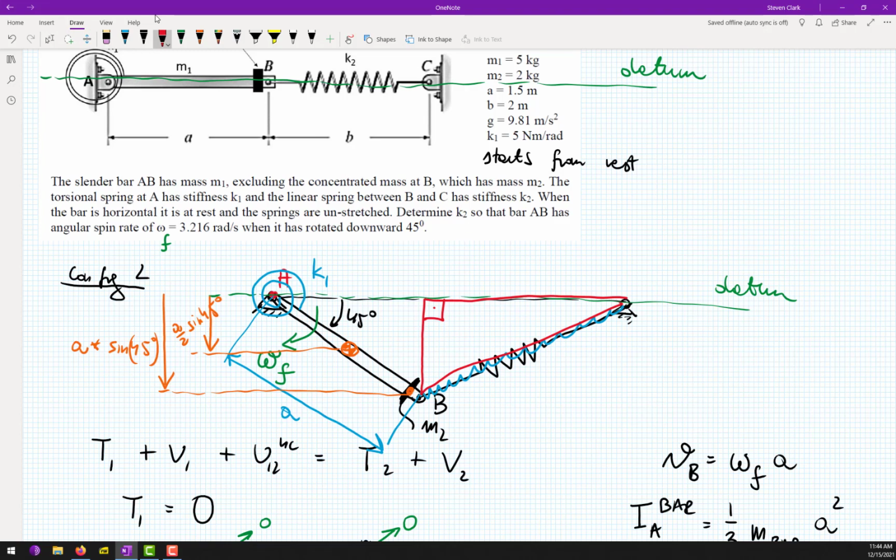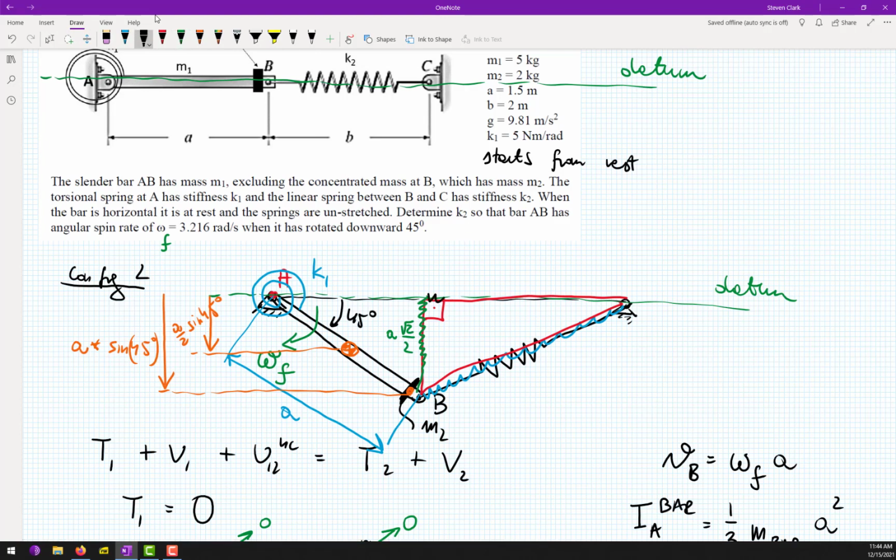So we know already one of the sides of this triangle, right? Because we know that this green one is A sine 45 degrees. So this is A square root of 2 over 2. And now the question is, what is this side of this triangle?